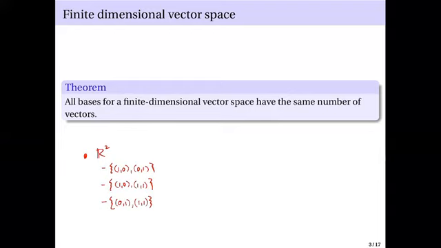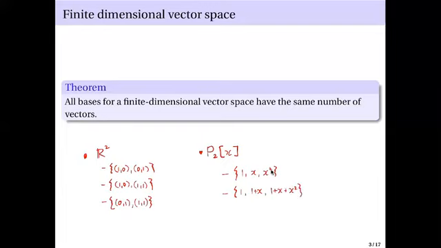Another example, if we look at P2, the space of polynomials of at most degree 2, the standard basis is 1, x, and x squared. So this has three elements. We can get another basis for this, say 1, 1 plus x, 1 plus x squared.